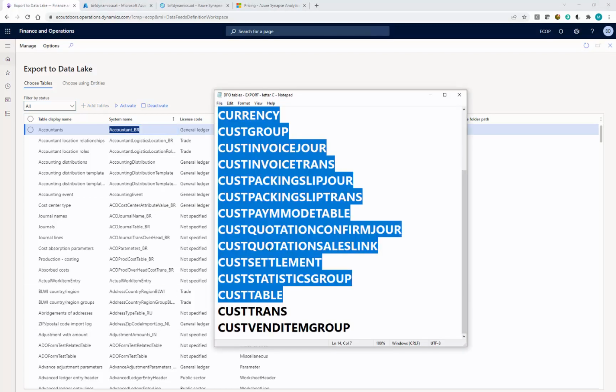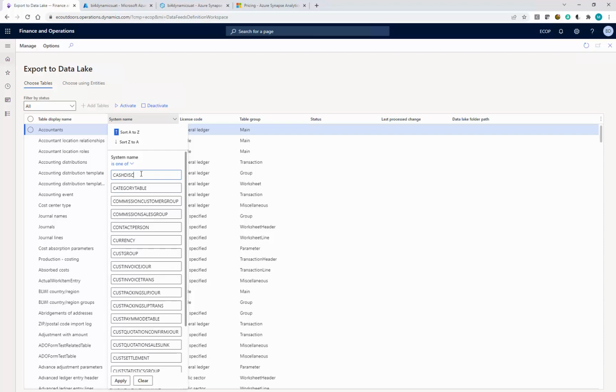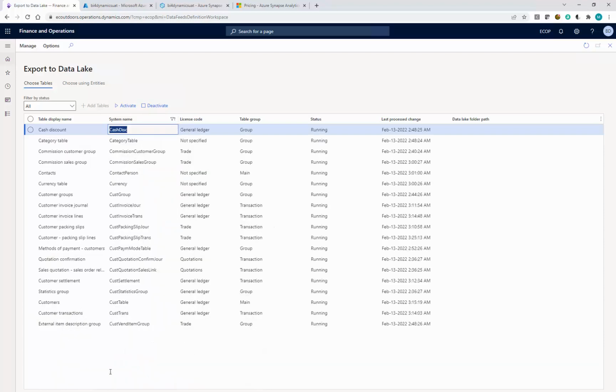So here is a list of tables that start with the letter C, just as an example, and we put this into the filter here. Now, all these tables have been selected in previous steps, and as you can see here, they are in the status of running, which means the data have already been processed.